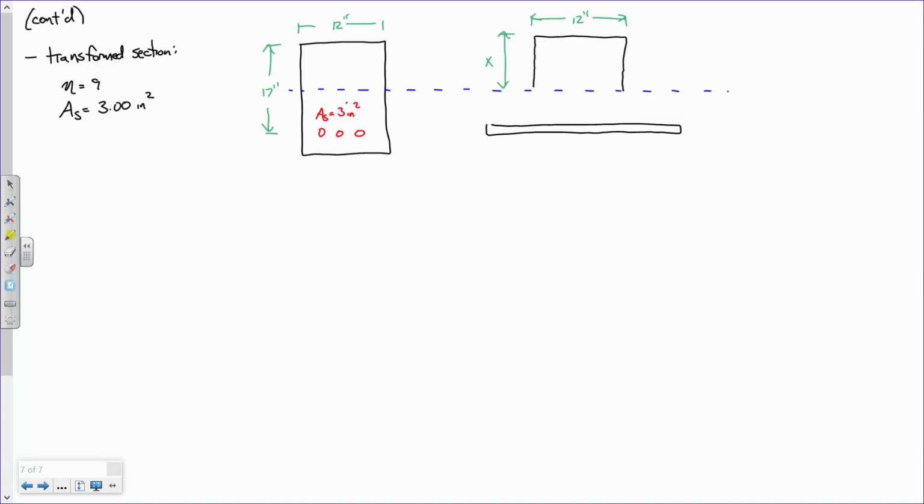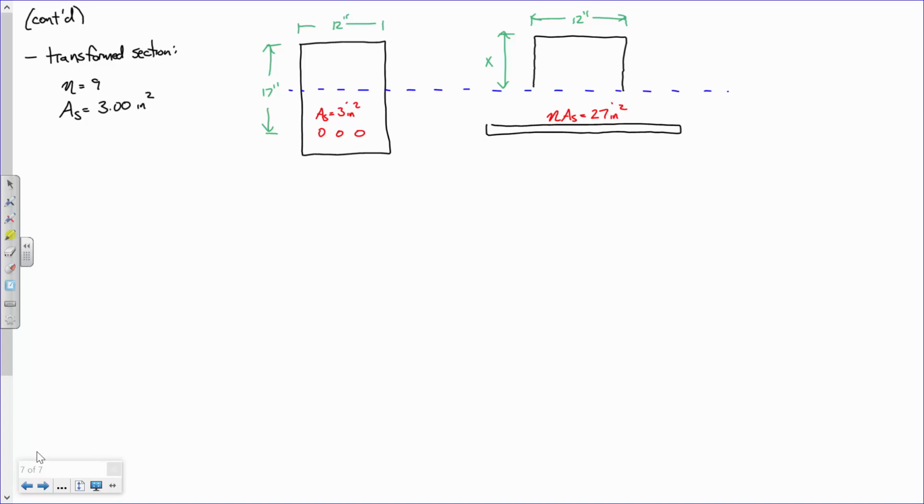But one thing we do know is the area of this rectangle. What is the area? Nope. 3 times 9. n A_s is 27 square inches. Does that make sense? You're transforming that steel into concrete.